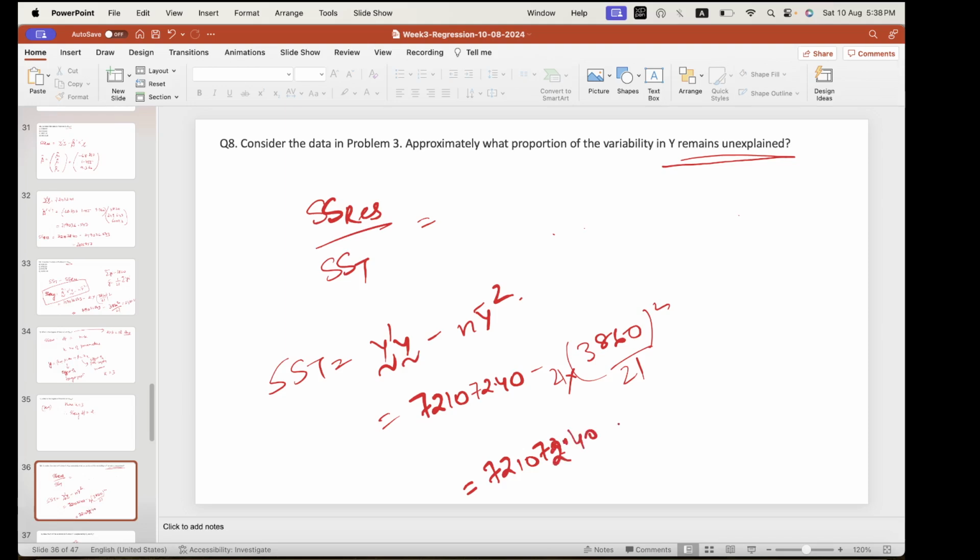So this would be 721072.40 minus 3860 square by 21. So this would be 721072.40 minus 709504.7619.